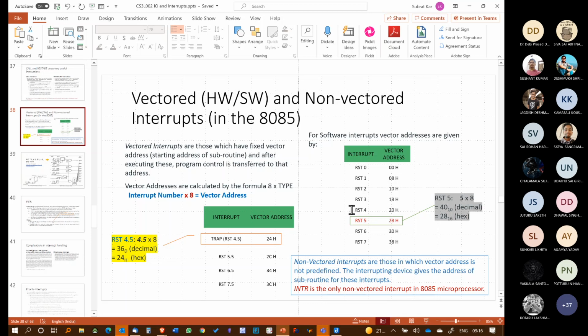Right? These vectors reduced, right? Because then the committee said things are getting more complicated. We don't need actually dedicated pins, we need to handle it in a slightly different way.